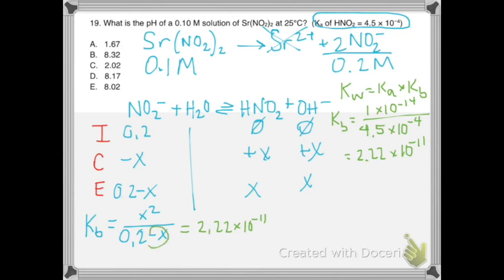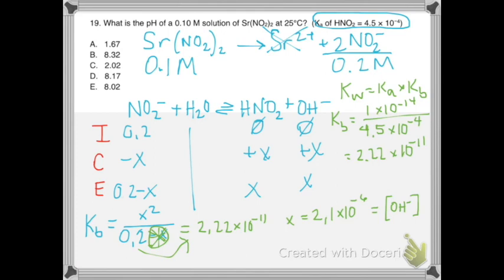We can ignore the subtracted x, and then we can multiply and square root to find that x is equal to 2.1 times 10 to the minus 6. And we should remind ourselves that this is the OH minus concentration.